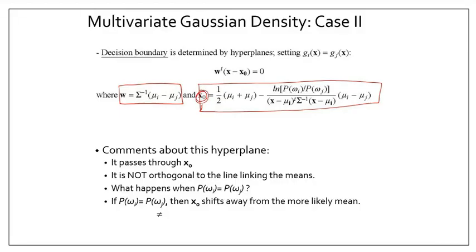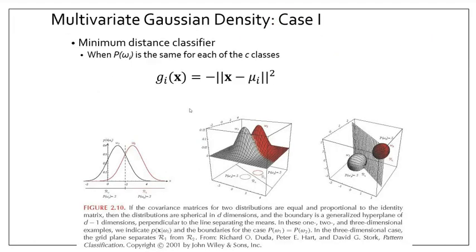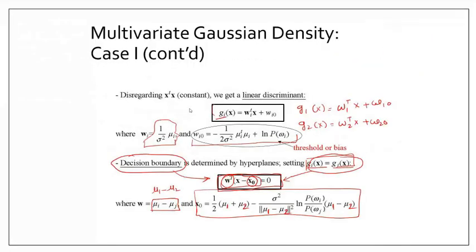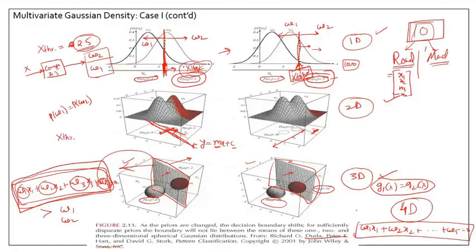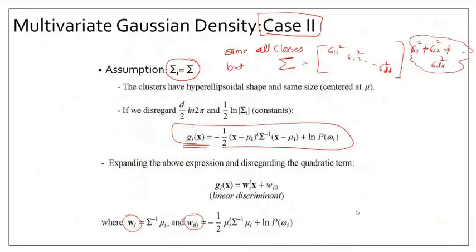Now x0 is modified, and I think even w is also modified if you compare with earlier. Earlier, w was equal to mu1 minus mu2, and this was x0. Now with the conditions generalized, that is, the diagonal can take any value, this is the generalization here.